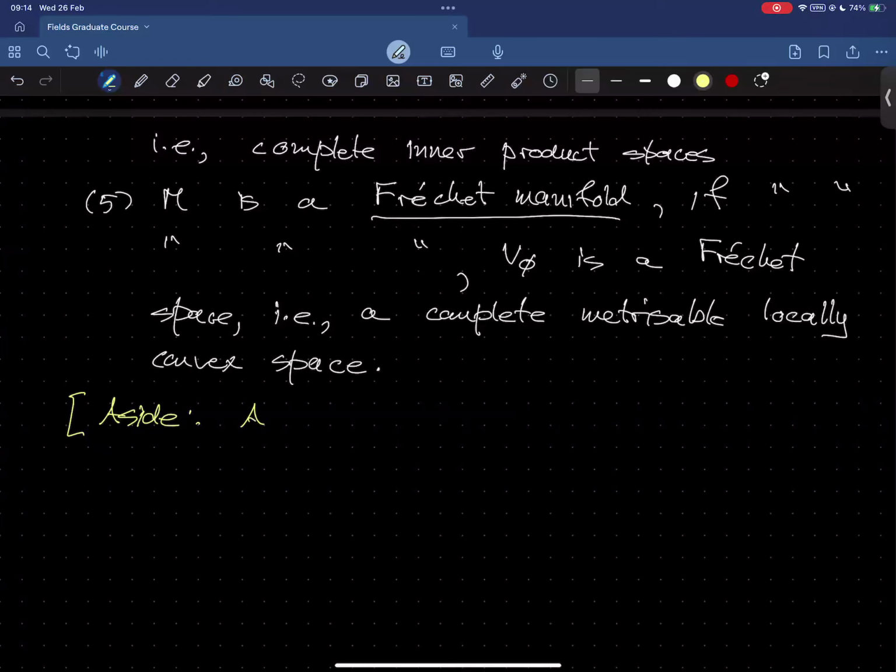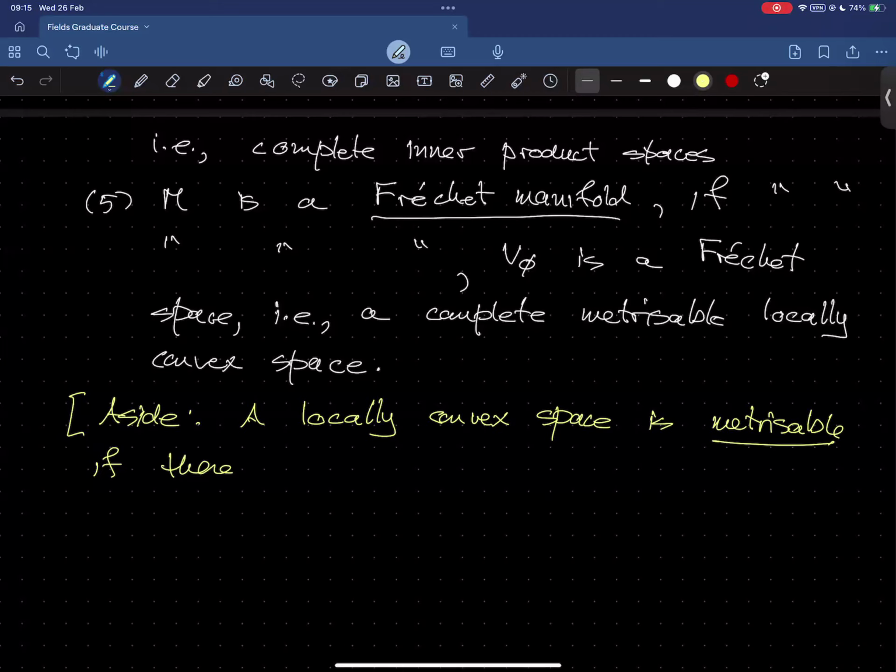A locally convex space V is metrizable if there exists, as you imagine, it has to do with the existence of a metric.